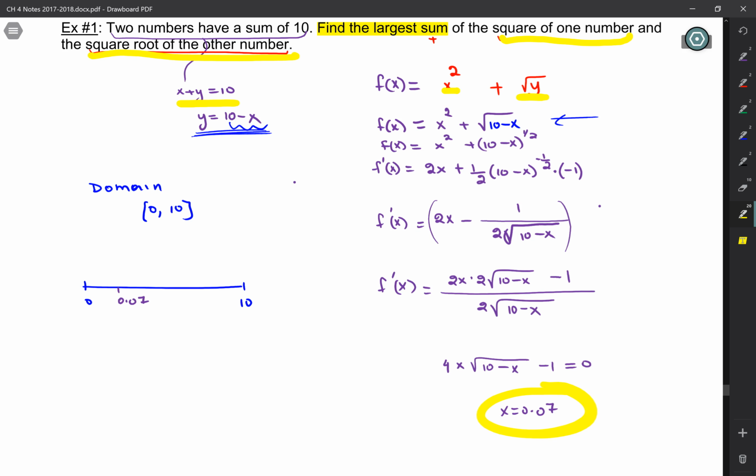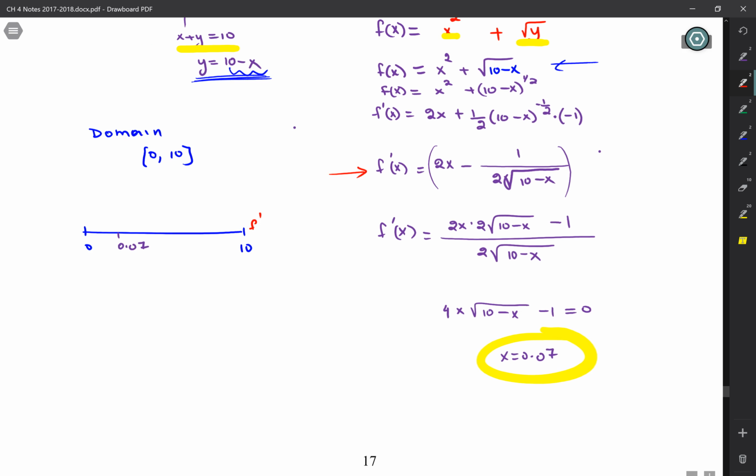5 it is. When we put it into, what do we put it into? F prime. When we put it into f prime, what do we get? If it's 5, it's 2 times 5 minus 1 over 2 root 10 minus 5.